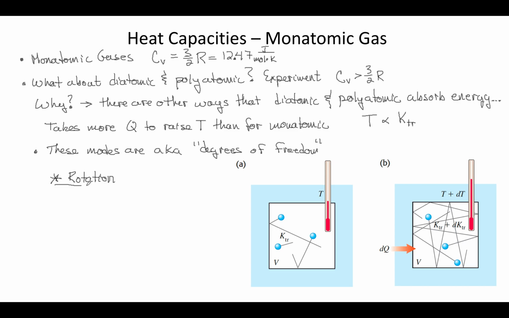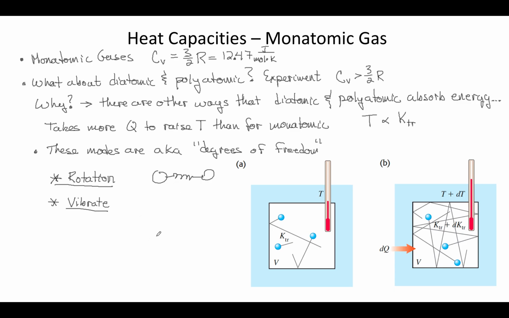But you can rotate a diatomic molecule, right? They can spin around an axis, but they can also vibrate. For polyatomic molecules, the vibrations can be quite complicated, vibrating in and out, towards and away from one another, etc.